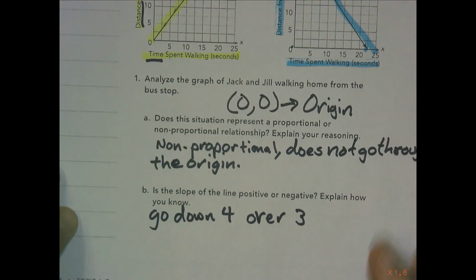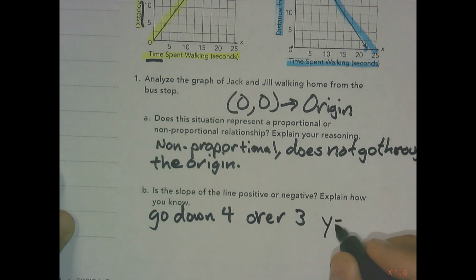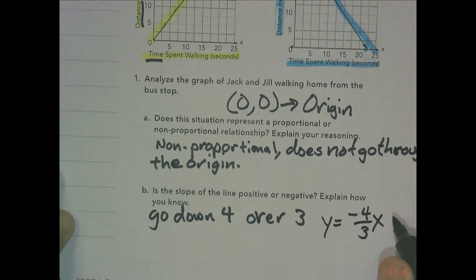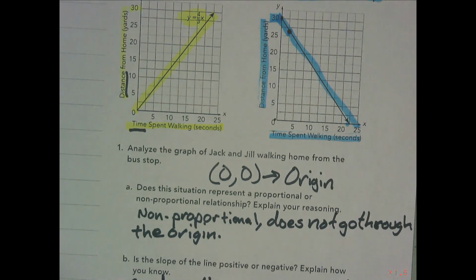Now, what that means is that my equation is really going to be y equals negative 4/3 x. And then our initial value is 30, so we'd have to say plus 30. So remember that the y-intercept is what we would consider an initial value. We're starting at 30 yards away.